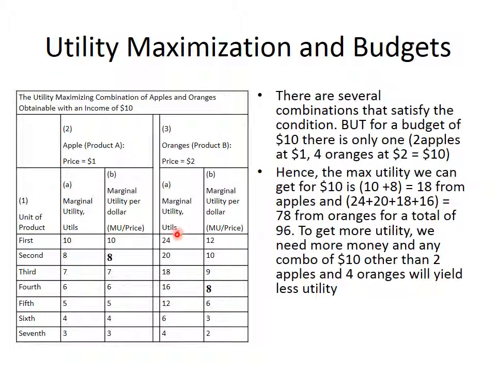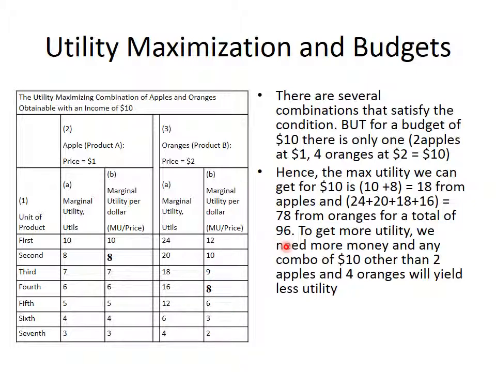We have a marginal utility of 24. It costs us $2 to get that 24 units of benefit. So we get 12 units of benefit, marginal utility, per dollar. What we need to be able to maximize our purchase is we need the marginal utility per dollar of this to equal the marginal utility per dollar of this.